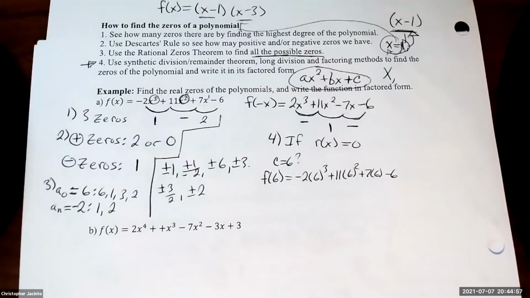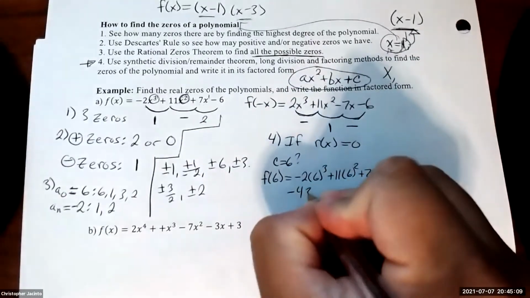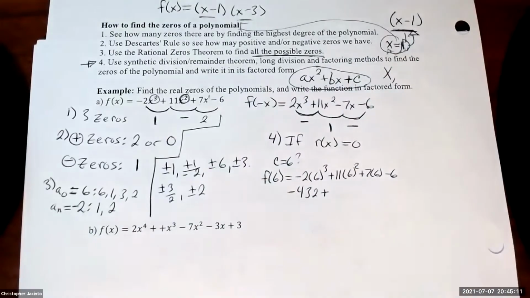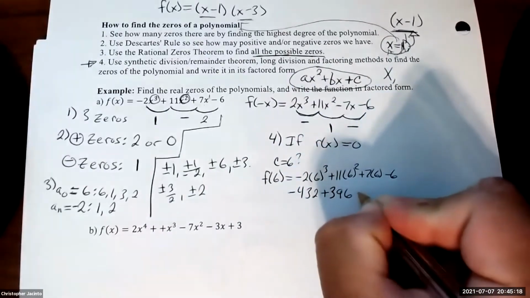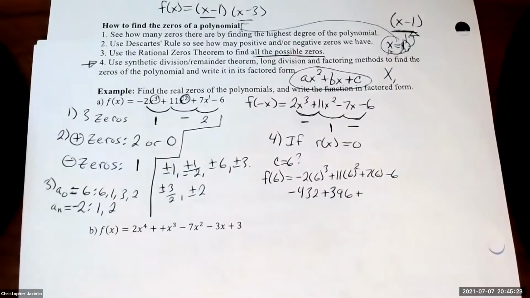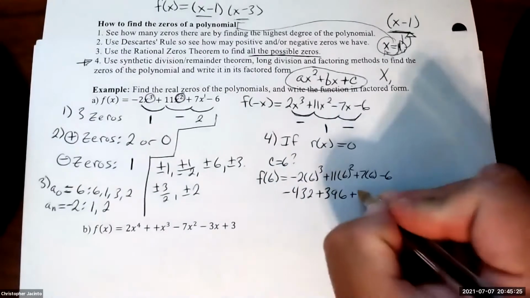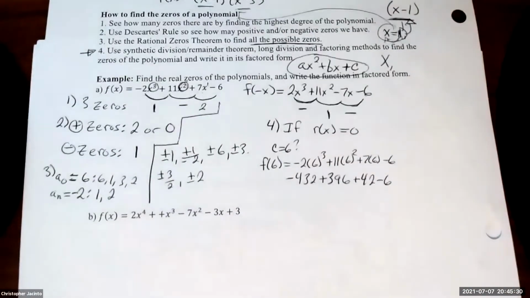We may need a calculator for these because they're going to be pretty big numbers. 6 to the third power times -2 is -432, plus 6 squared is 36 times 11, which is positive 396, plus 7 times 6, which is 42, and then minus 6. All right, let's see what we get.